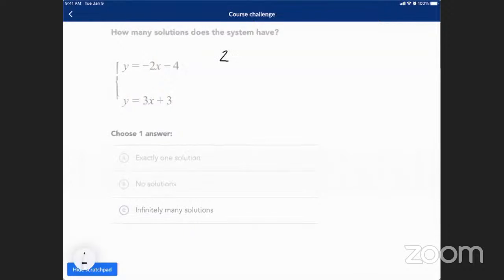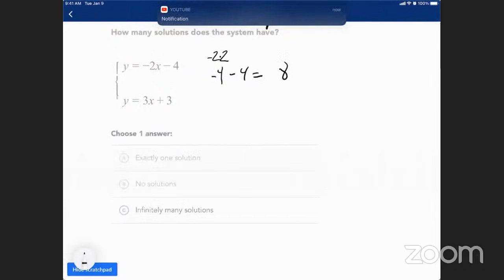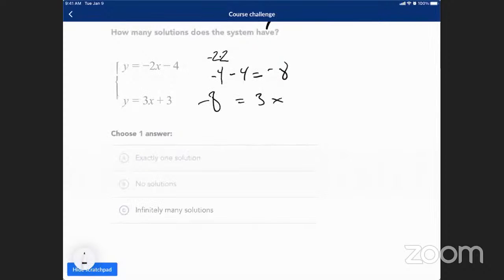Because let's say if x was 2, 2x would be 4. 4 minus 4 would equal negative 8, and then plugging that negative 8 in here would lead us to negative 6 plus 3, which wouldn't necessarily be equal.